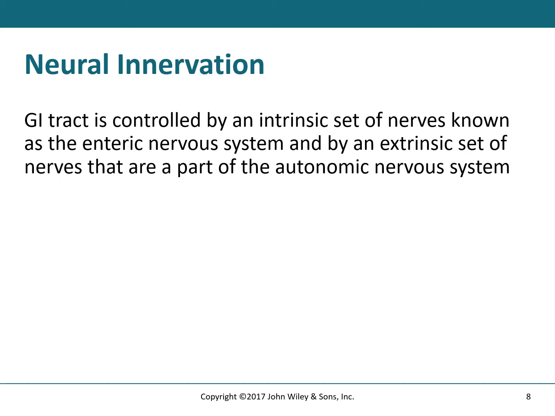Moving on to neural innervation, the GI tract is controlled by 2 sets of nerves. An intrinsic set of nerves that we call the enteric nervous system, so that's within the GI tract, and then an extrinsic set of nerves that are part of the autonomic nervous system. So we've talked about the sympathetic and parasympathetic nervous system previously, so we're going to see how those are regulating our GI tract.